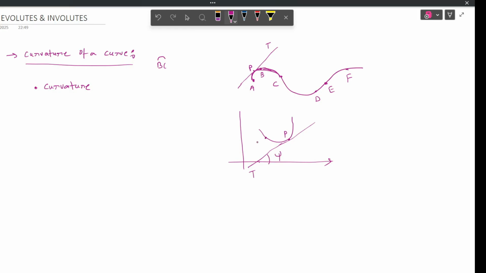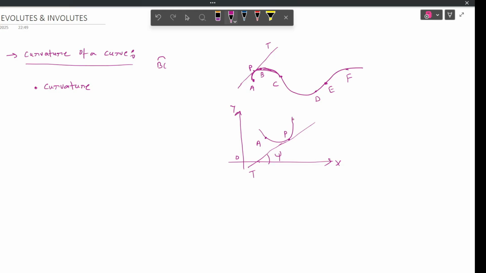Let us say this point is A. This is our origin, this is the y-axis, this is the x-axis. So curvature is that measure which is defined as the rate of change of angle psi made by the tangent with the x-axis with respect to the length of arc of the curve.